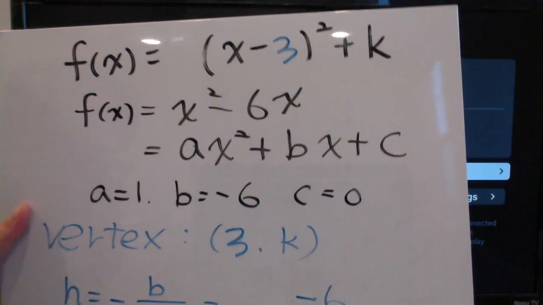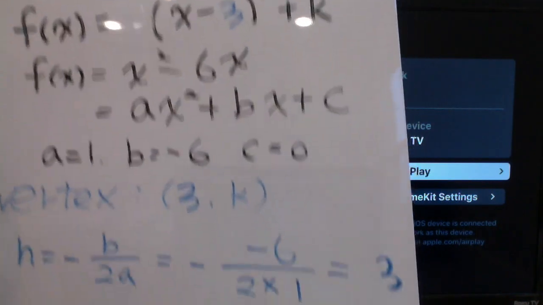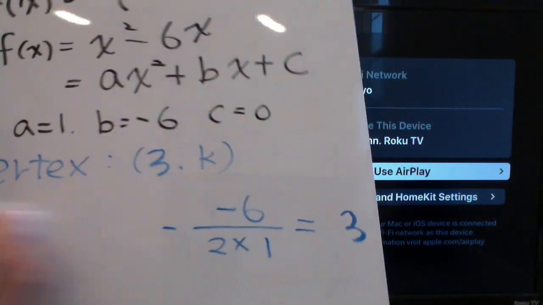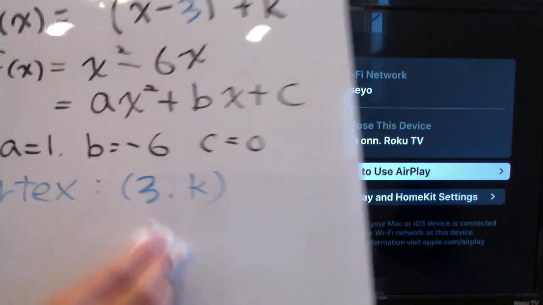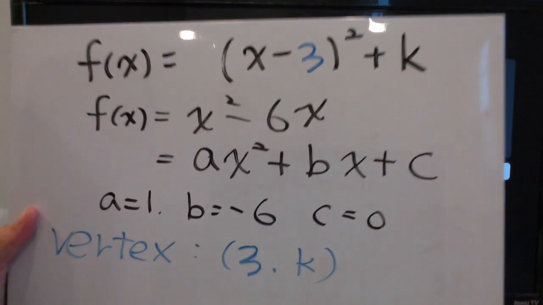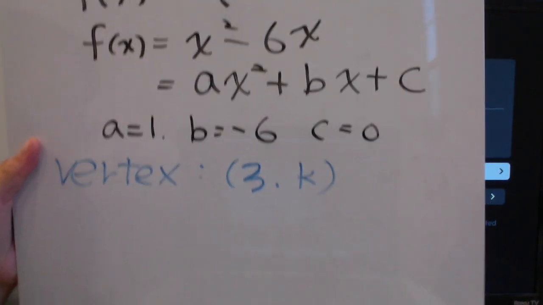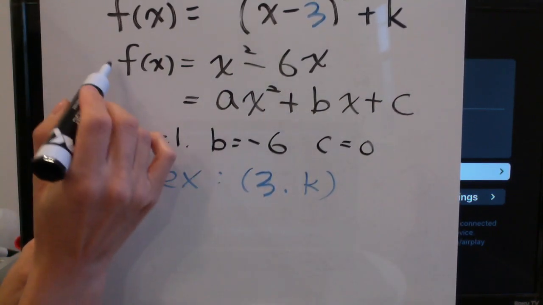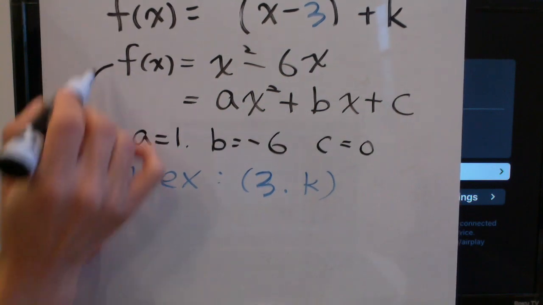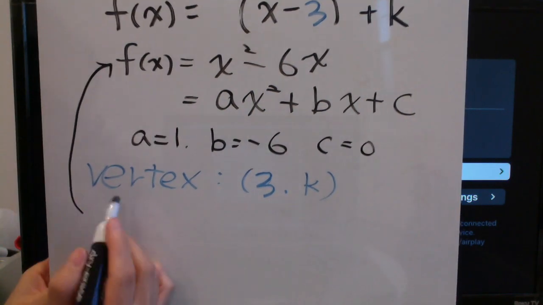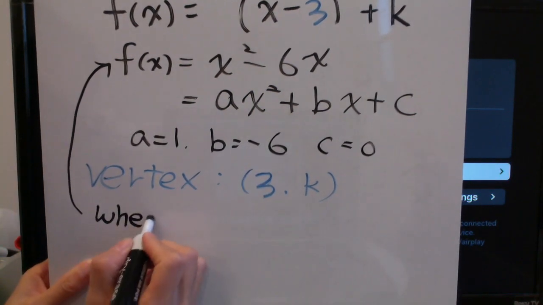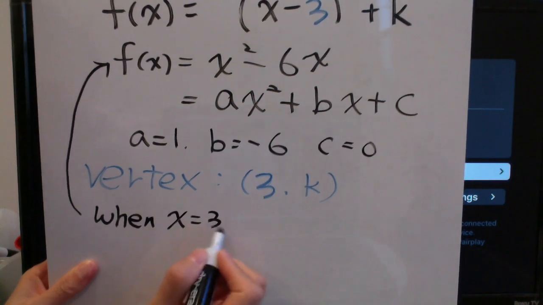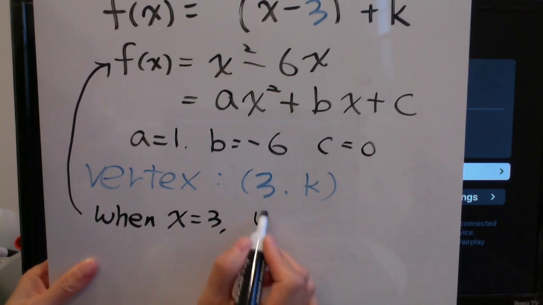Okay, and now let's find K. So how do we find K? So we found out H is 3. So to the original, this f(x), when x is 3, let's find y value.